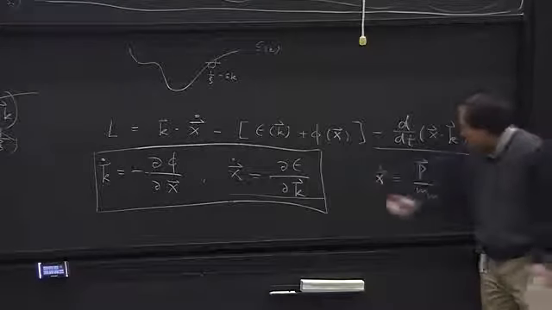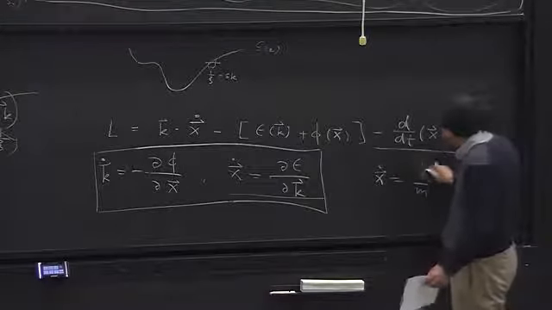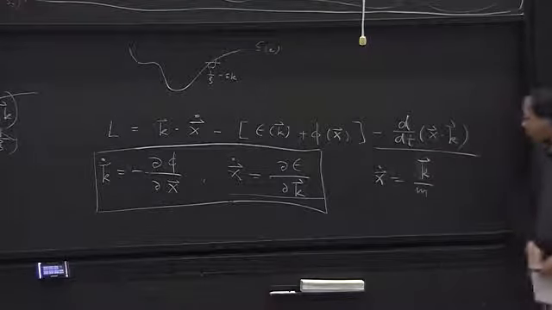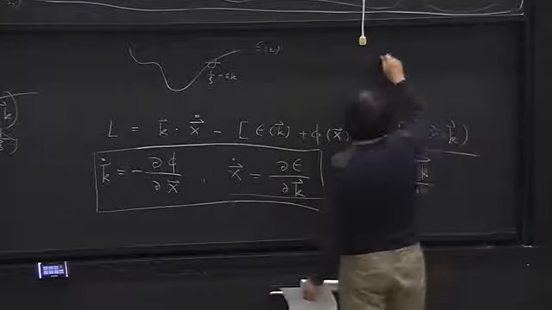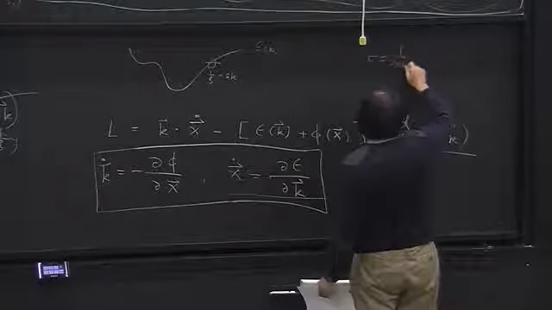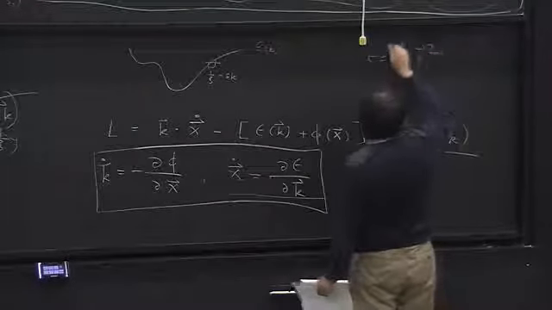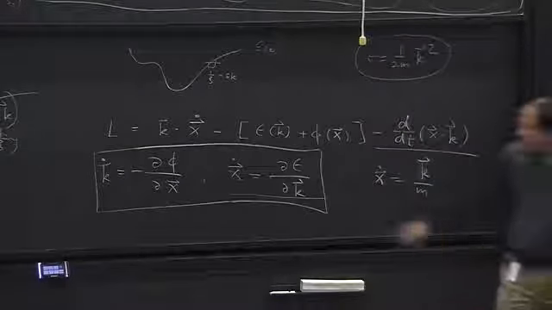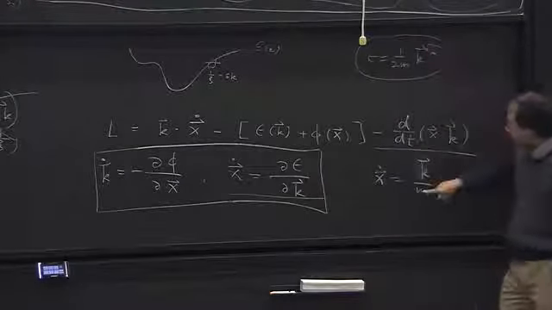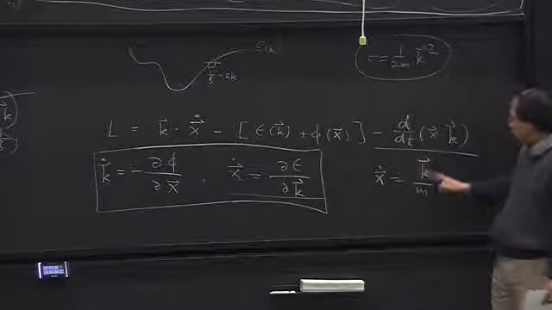In our notation it should be k over m because k is p. But indeed, if this epsilon equals 1/2 m k squared, so if epsilon has this kind of standard dispersion relation, this equation becomes the standard one, velocity equal to p over m.